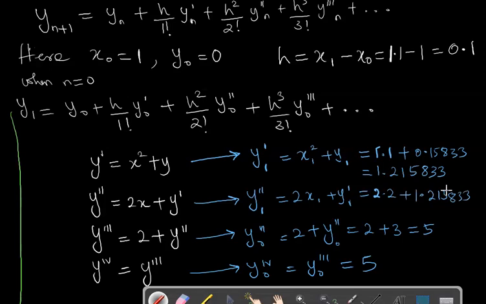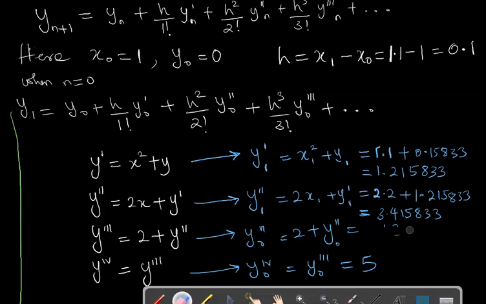If we add that, from my calculator, it is giving me 3.415833. Alright, so we also clean this one.